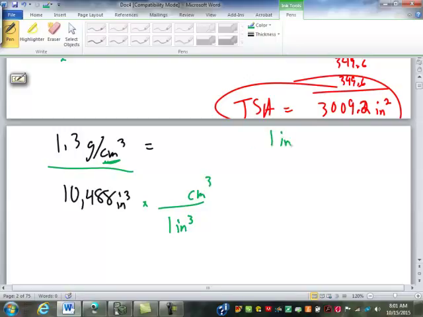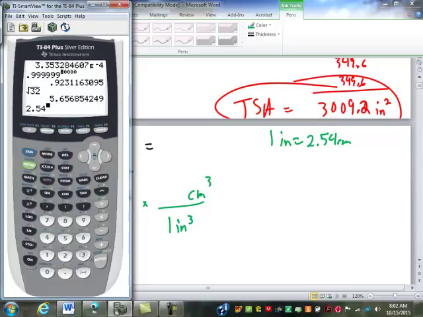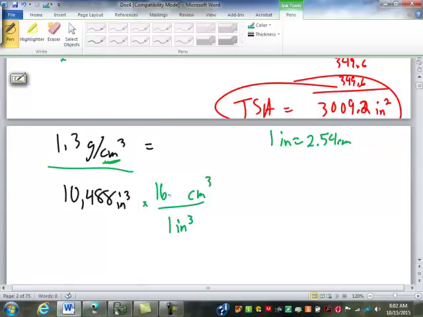We did say that 1 inch is 2.54 centimeters. But to cube that, we have to do 2.54 to the power of 3. 16.39 centimeters cubed per inch cubed times 10,488.